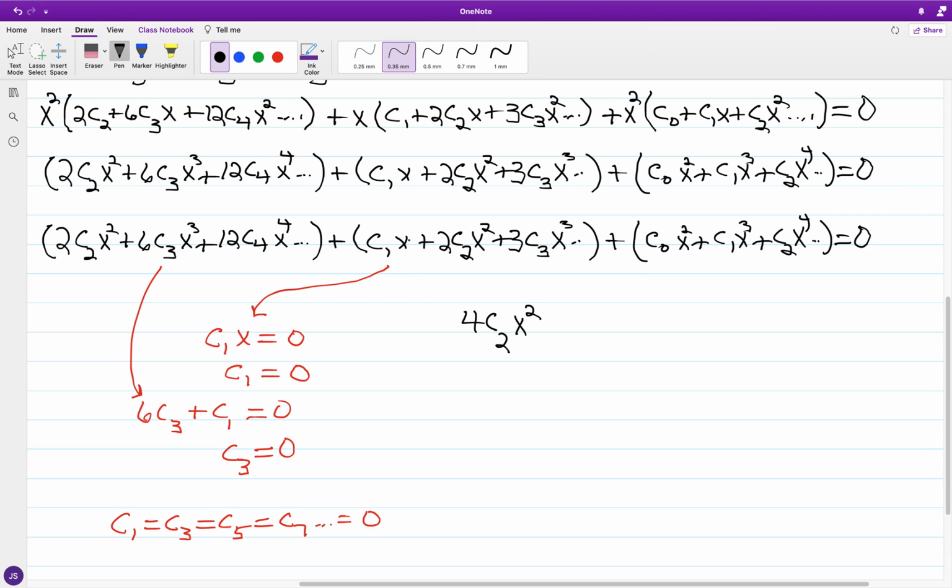We've got 2c2x squared plus 2c2x squared, so I have 4c2x squared, plus c naught x squared is equal to 0.